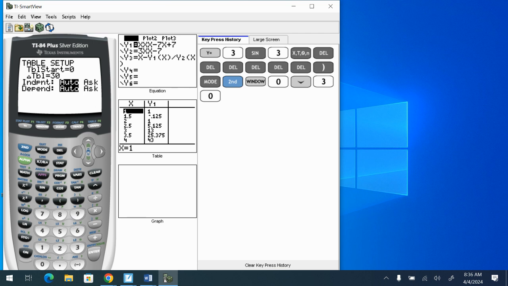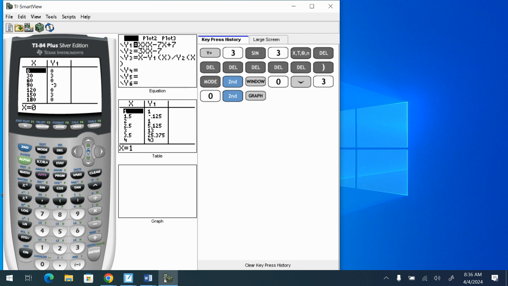Okay, once I set up my table, I then go to my second and my table button, which is above my graph. So I hit second, graph, and that gives me my table. It gives me my values 0, 30, 60, 90, and so on.